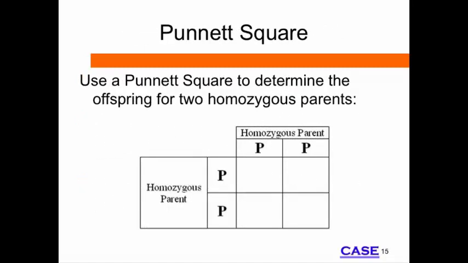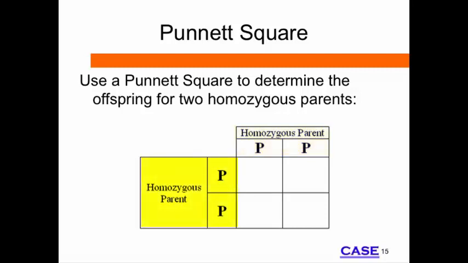This is an example of a simple Punnett square for a single gene pair. You will have one parent at the top of the square with two potential genes to pass on to offspring across the top. This parent is homozygous polled and will pass only capital P genes onto its offspring.